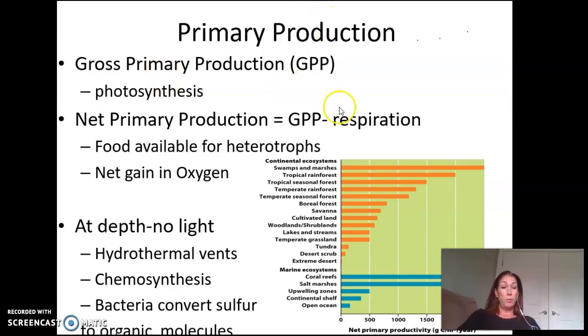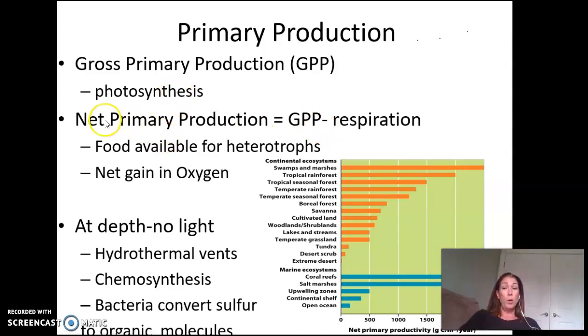Now, remember we said before that the tree turns around and uses some of that oxygen and glucose as food for itself. So you have to take the GPP, the gross primary production, and subtract the energy that they use. Typically we'll do this as far as the amount of carbon dioxide, the amount of carbon, that they used.